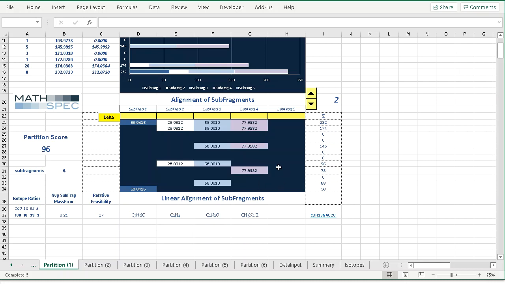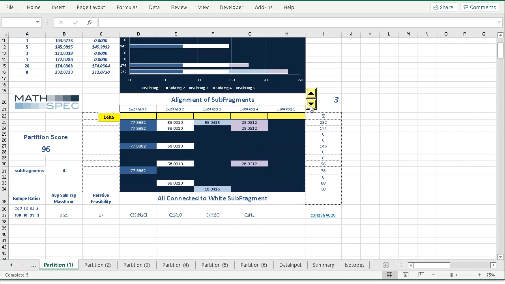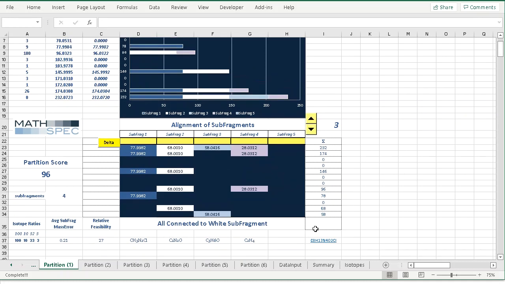Now there are two, let's see how many, there's three. Okay, so there are three alignments that are all consistent with the data. I'm going to choose this one, all connected to white right now, and you'll see later why I'm doing that.